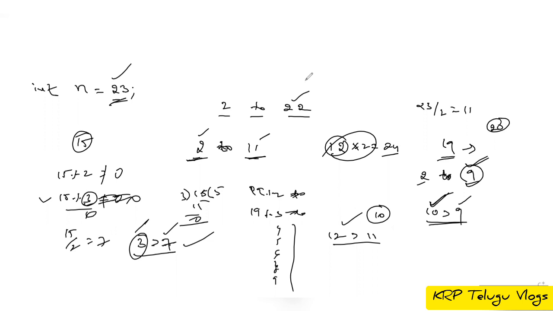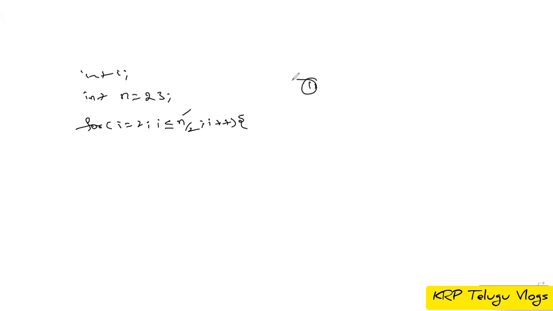So that's why we have written it like this. int n is equal to, say, 23. For i is equal to 2, i less than or equal to n by 2, i plus plus. So we will go till n by 2, that is till 11.